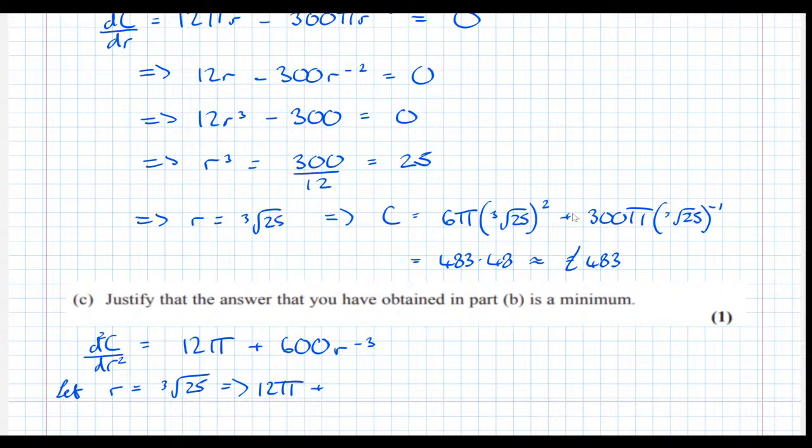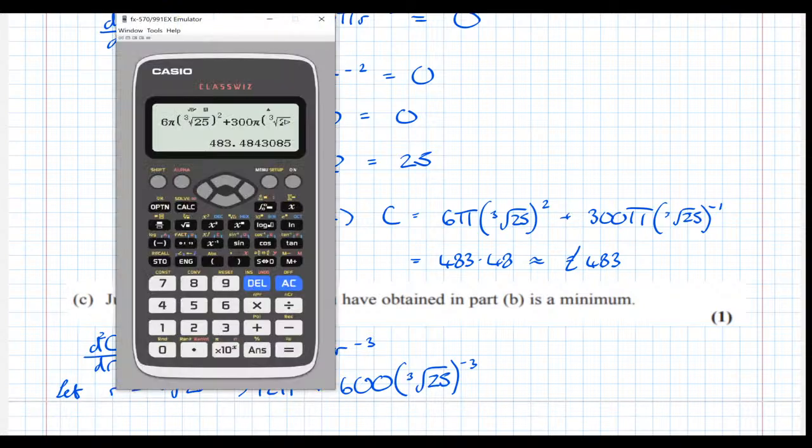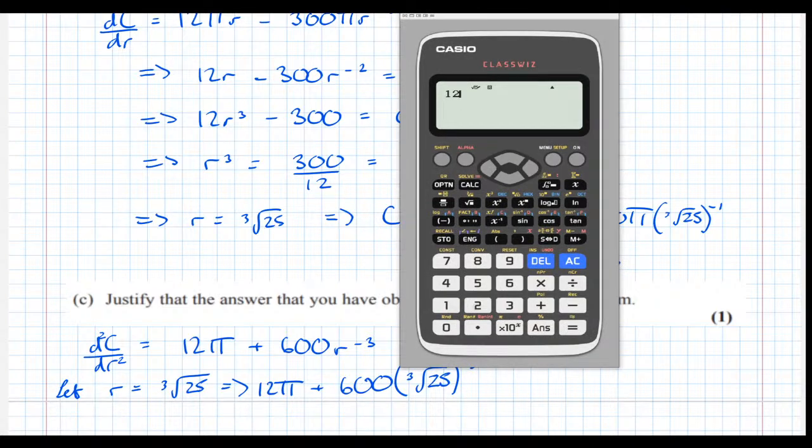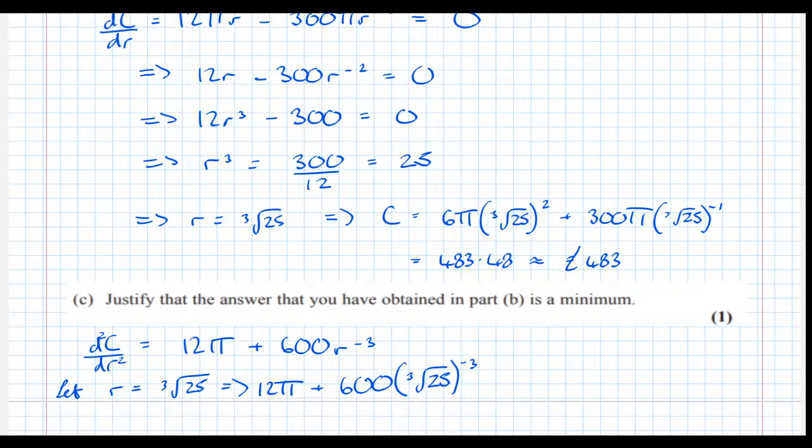So 12 pi plus 600 times the cube root of 25 to the power of minus 3 equals 61.70, which is greater than 0, therefore a minimum.